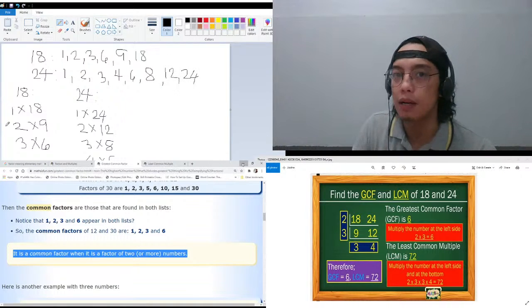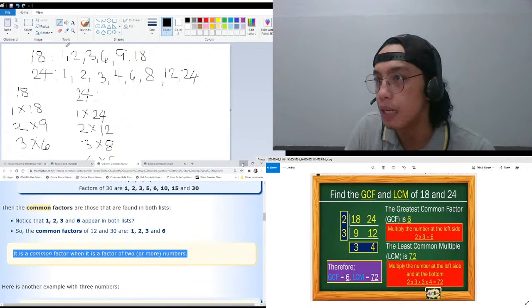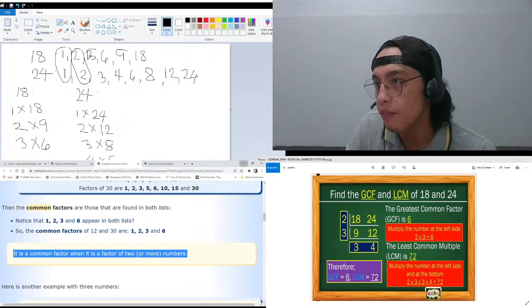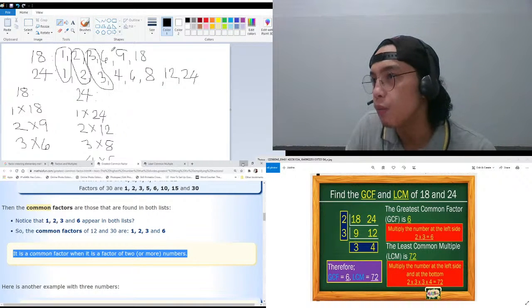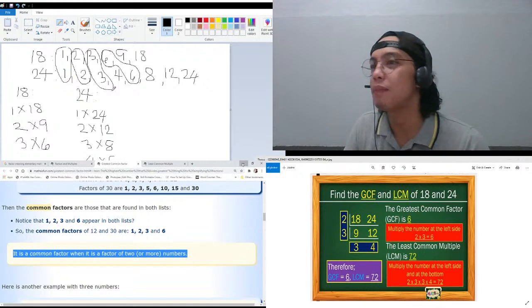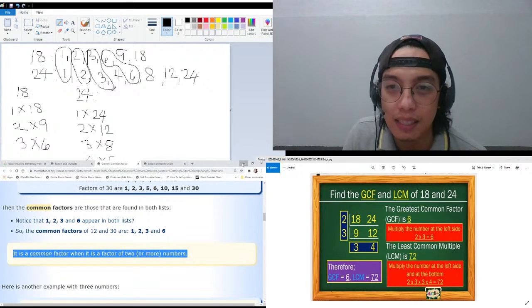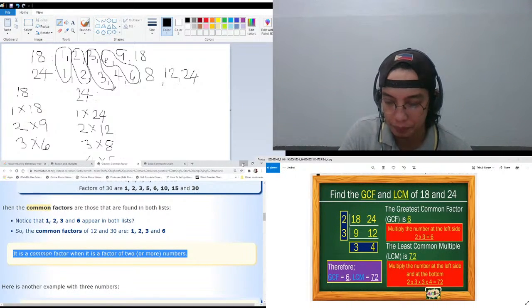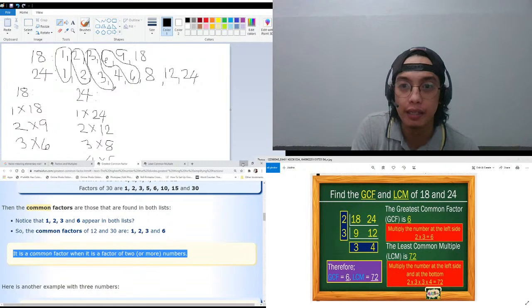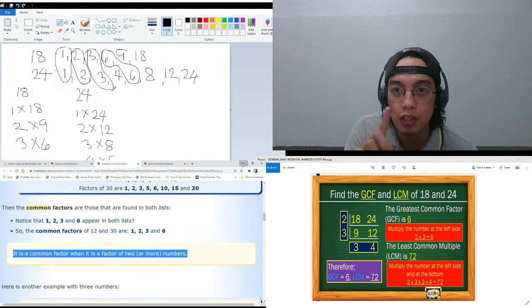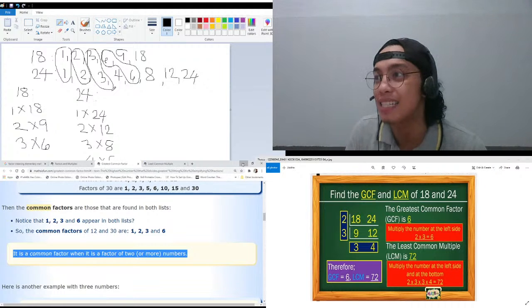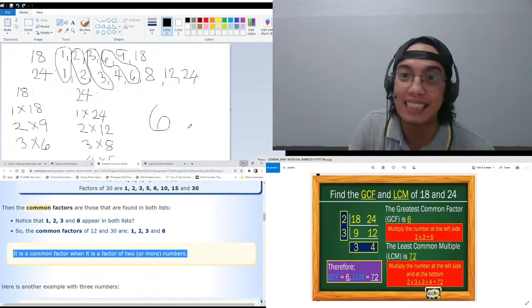Among the common ones, we have 1, 2, 3, 6. And it's actually written here that the greatest common factor, or GCF, is 6. So the answer is 6.